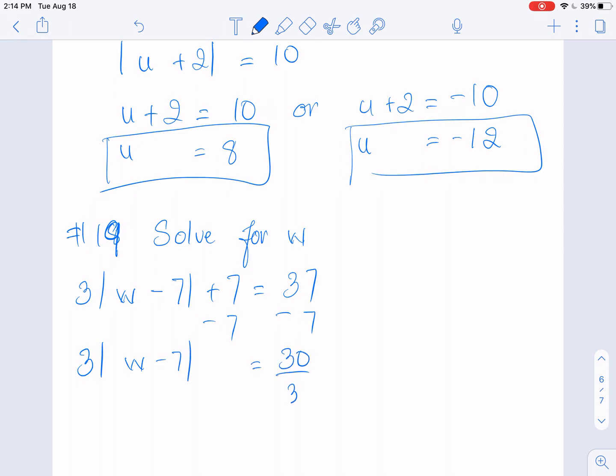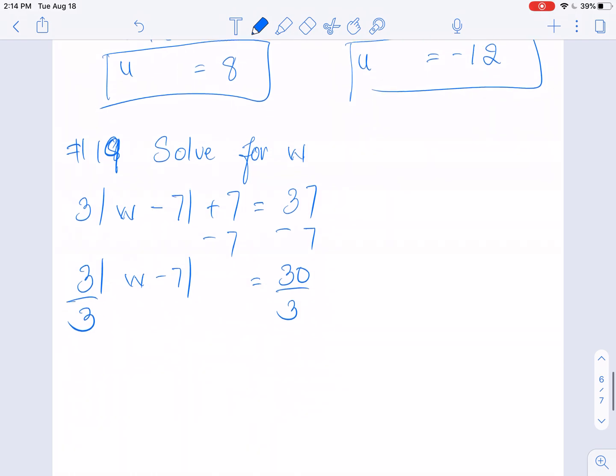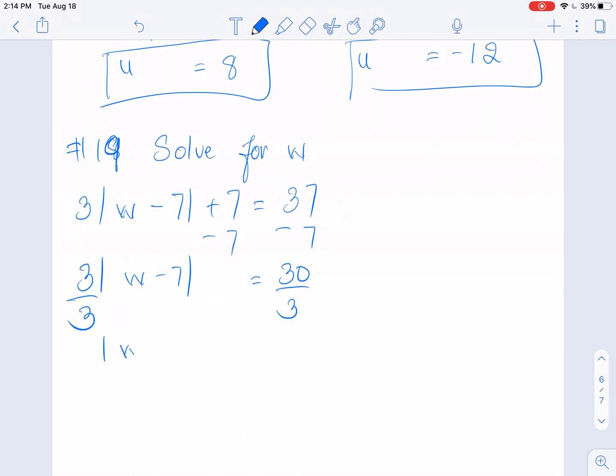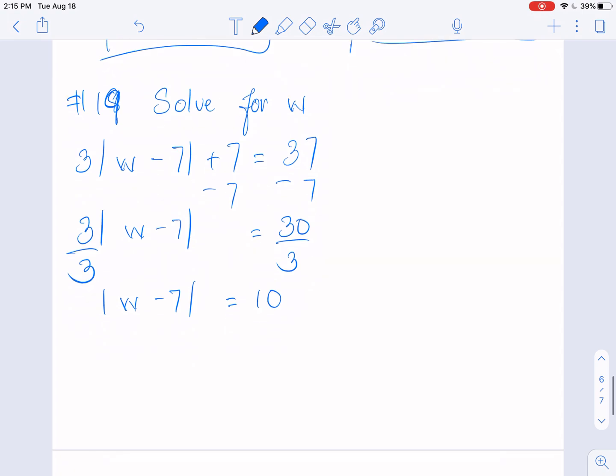I still have that 3, so we have to clear it. We end up with the absolute value of w minus 7 equals 10. Now you can drop the absolute value and you end up with w minus 7 equals 10, or w minus 7 equals -10. So we end up with two solutions, which are 17 and -3.